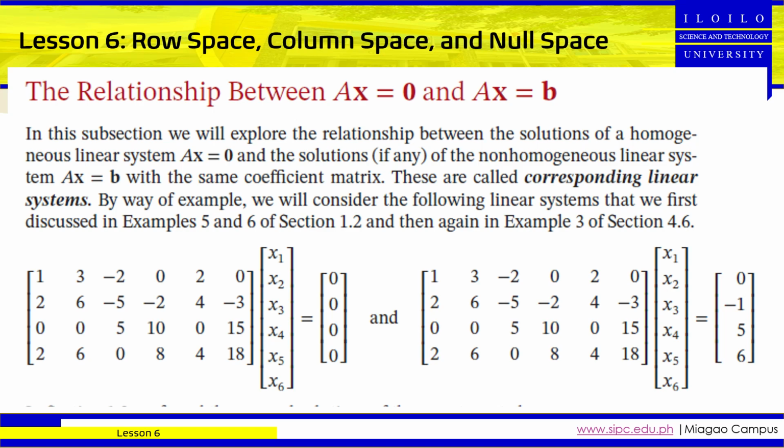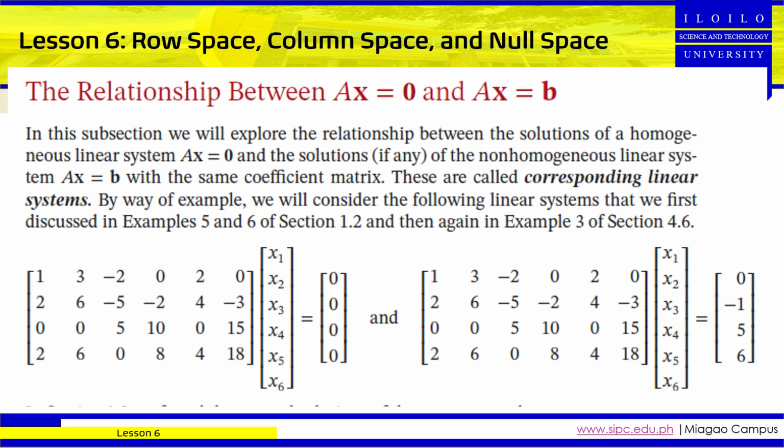These are called corresponding linear systems. By way of example, we will consider the following linear systems that we will discuss in examples 5 and 6, and then again in example 3.